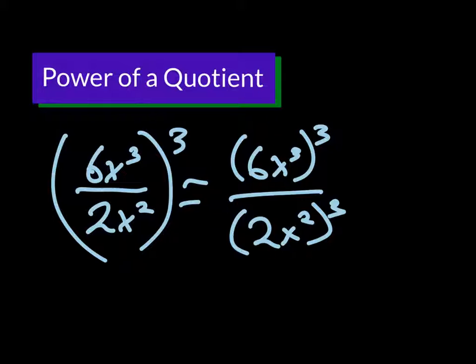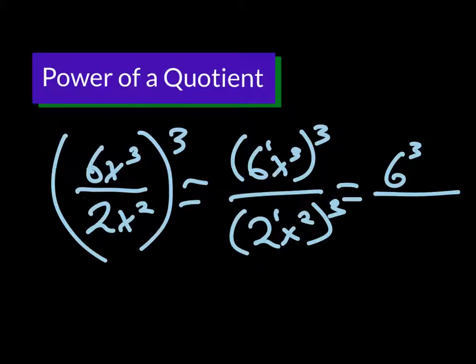Now we apply the power of a power rule, which says that when a power is raised to a power, you multiply the powers. So we have 6, and since 6 has no power, you know it's to the power of 1. Just like down here, 2 is to the power of 1. So 6 to the 1 to the power of 3. We're going to multiply the powers, so that makes it 6 to the third.